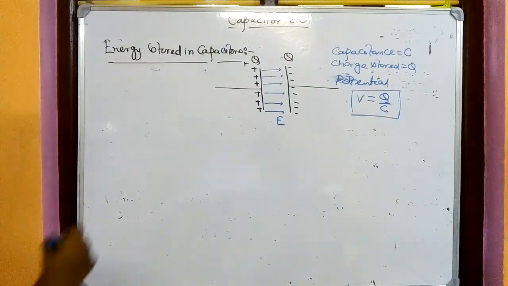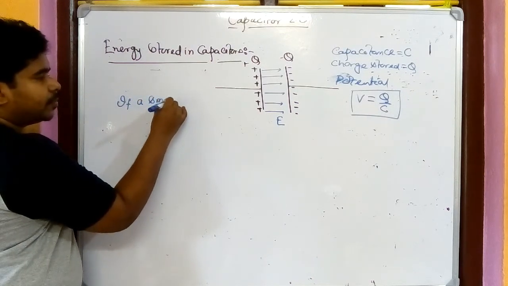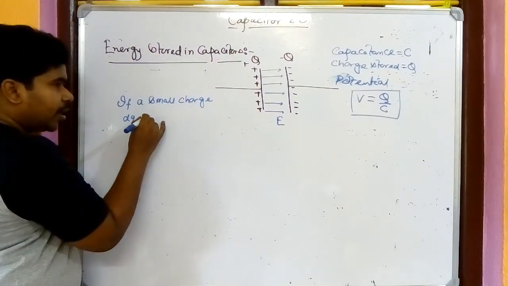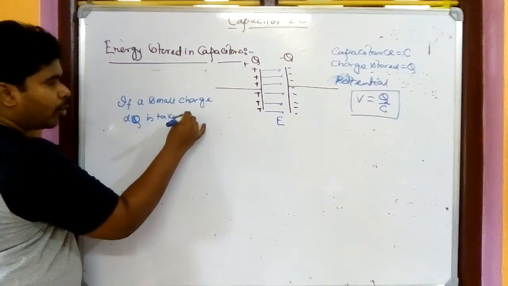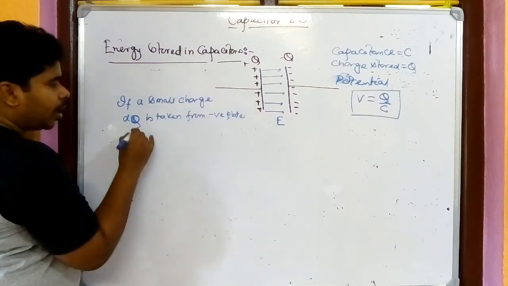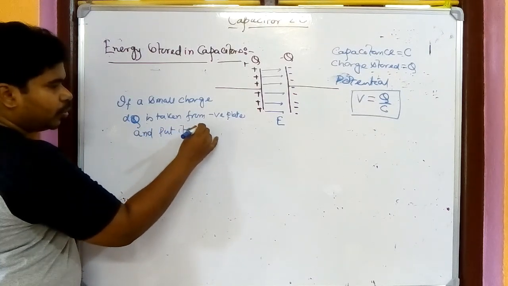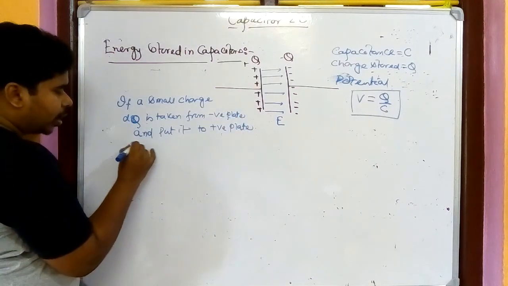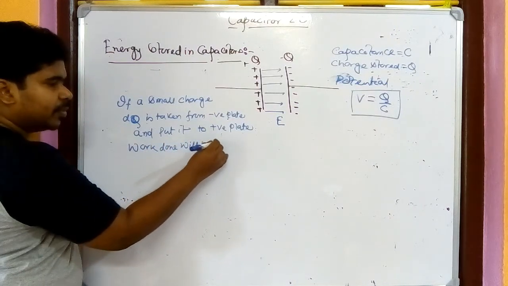Now see here, if a small charge dq is taken from the negative plate and put to the positive plate, work done will be dW.